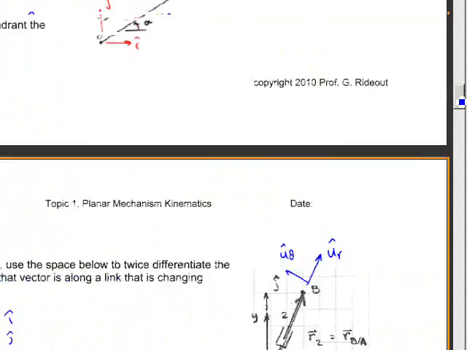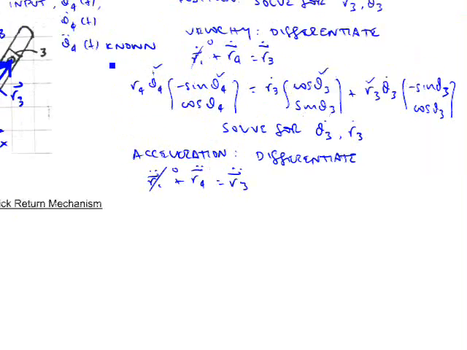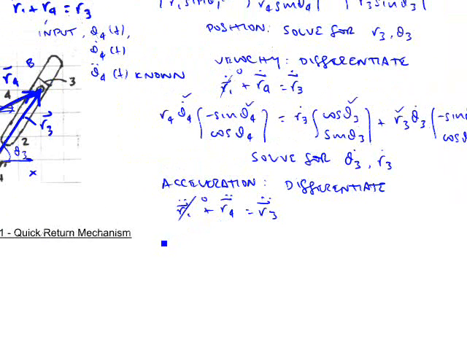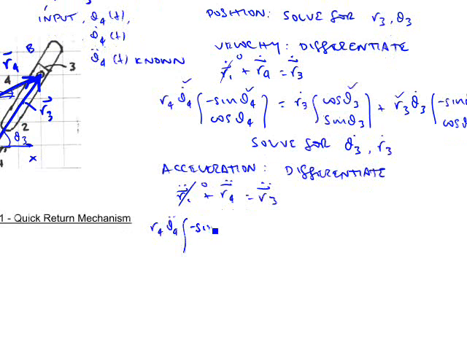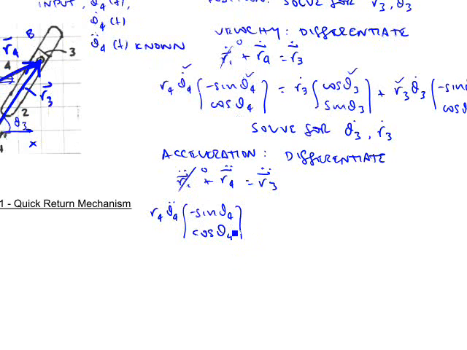Back up here. What's r4 double dot? It's a fixed length vector, so I'm going to need r4 theta 4 double dot. That was in the transverse direction. So I'm just copying stuff out of that second derivative from the next page and just changing the subscripts. There's no Coriolis because r4 dot is 0. There's no sliding because r4 double dot is 0.